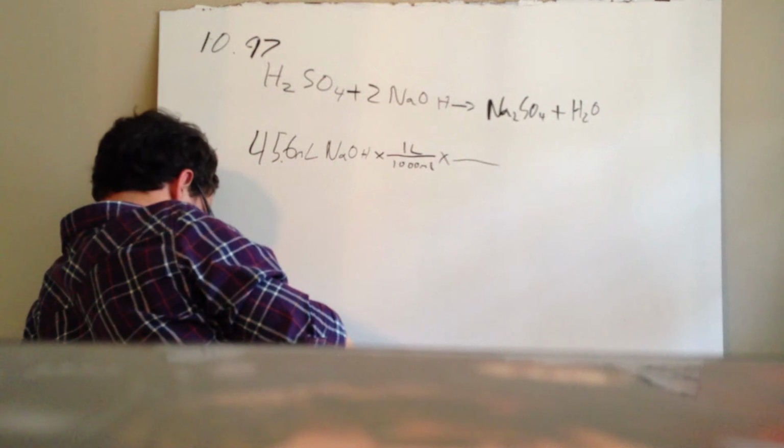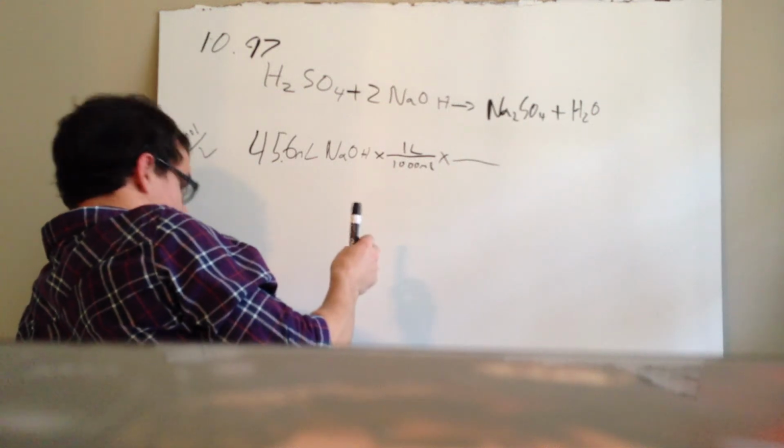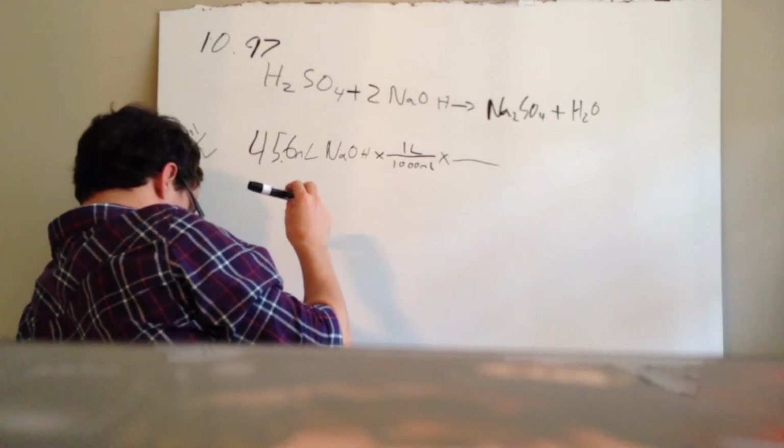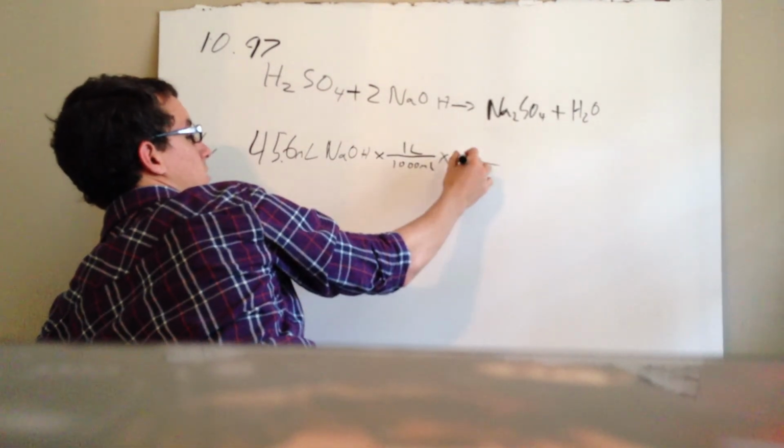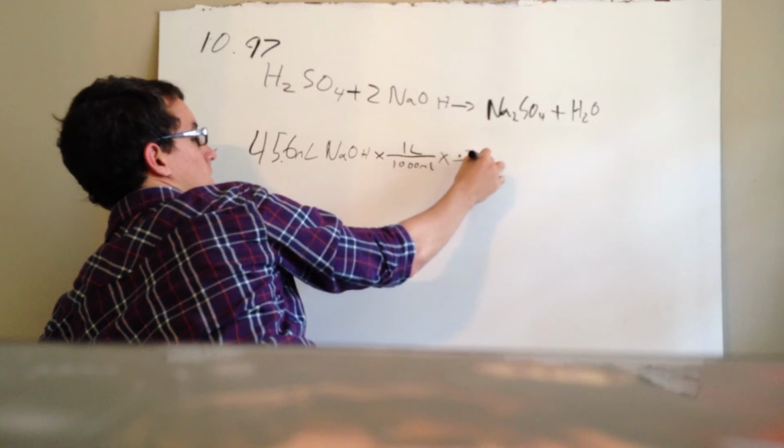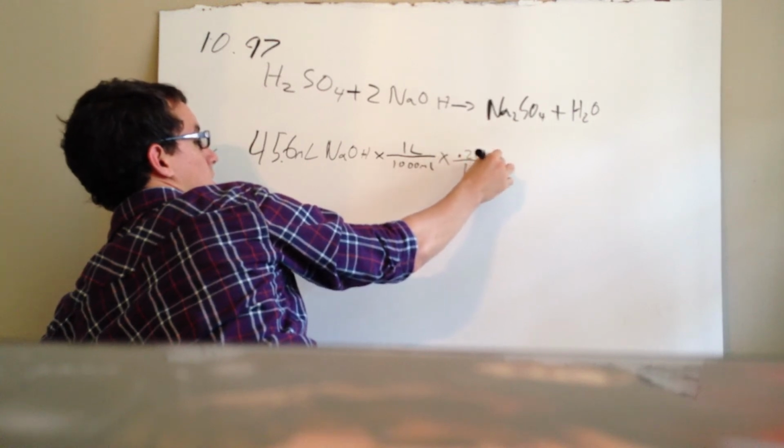Next, we use our liters and the provided moles of NaOH. So 1 liter on the bottom, and 0.205 moles of NaOH on top, because that's what we're given.